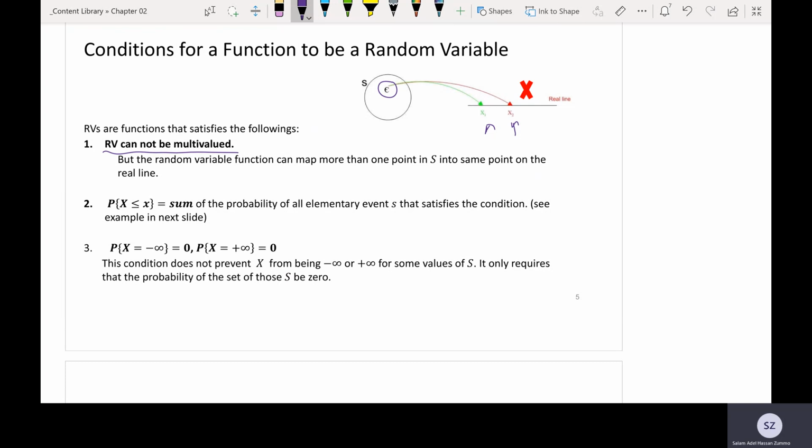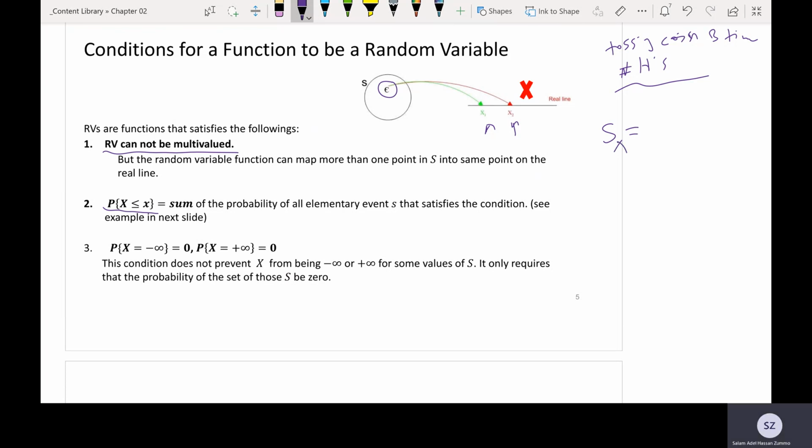Now, if I ask you, what is the probability that X is less than a number? Let us take the number of heads when tossing a coin 3 times. What was the sample space? You have 8 elements.